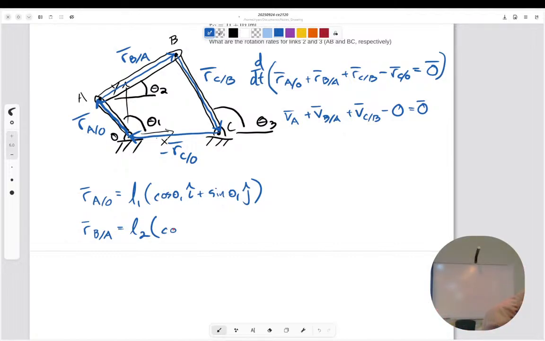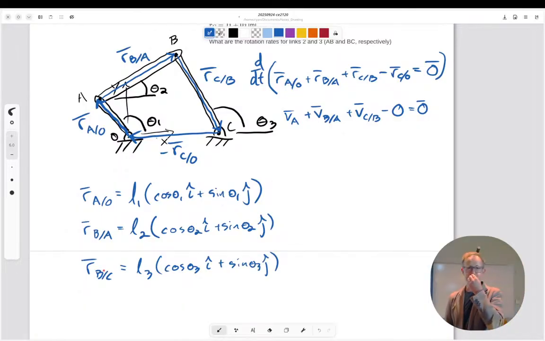We say it's cosine theta 2 along the I, sine theta 2 along the J. And again, the way my mind thinks, I'm going to say RBC, flipping that vector because it's the same but negative, just the way I like to do things, so that I can say L3 cosine theta 3 along the I, sine theta 3 along the J.